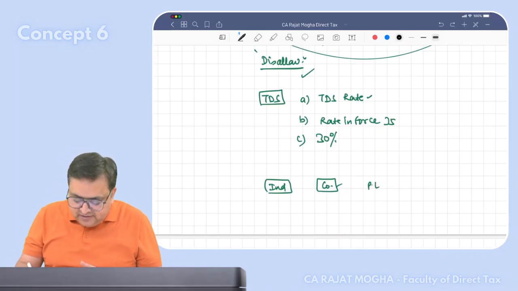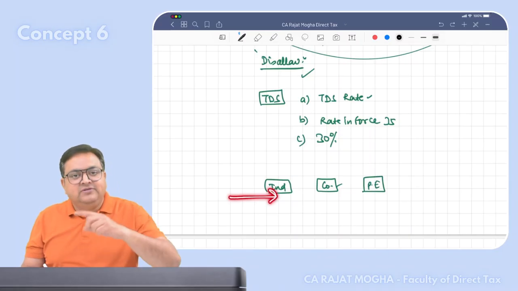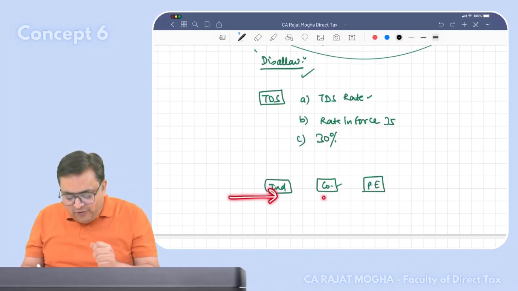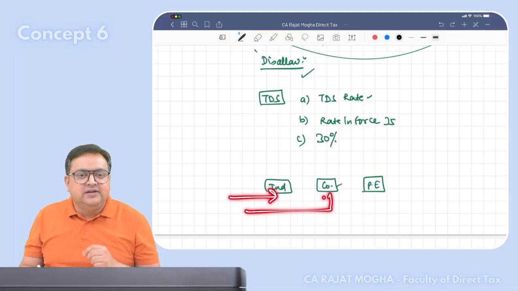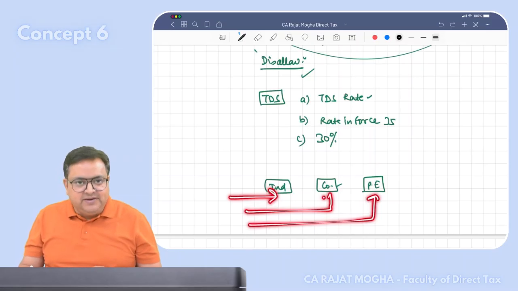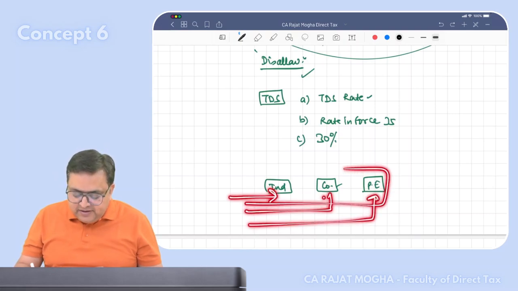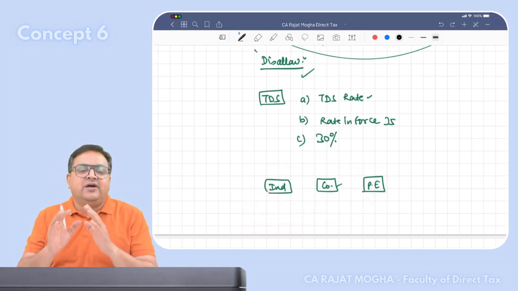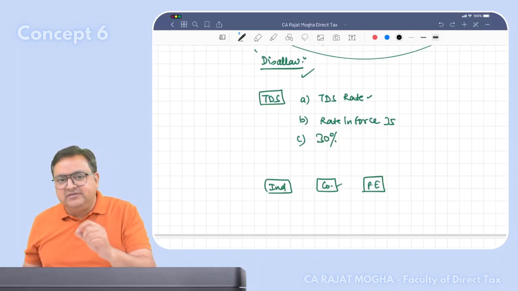So if you transact with such an individual who is a resident of that NJ, or with any company established or registered in NJ like Cyprus, or with any PE established or doing business in NJ, then these people are always considered as your associated person. And whatever the transaction you are doing with them is considered an international transaction.